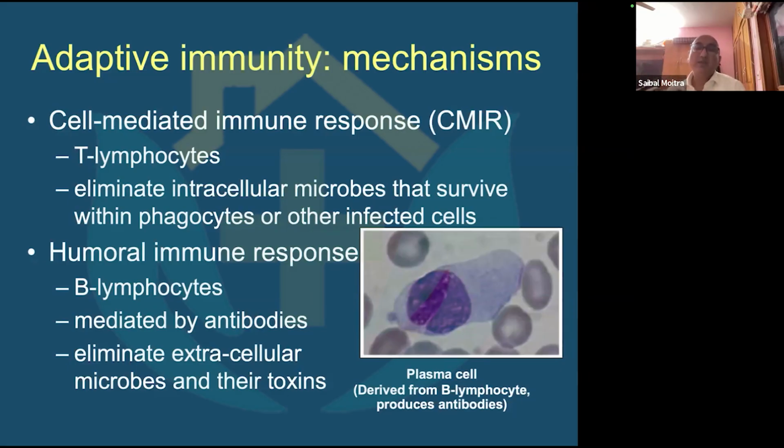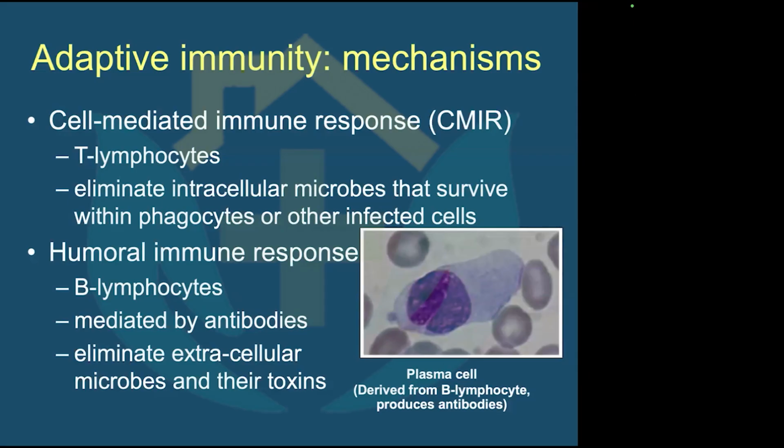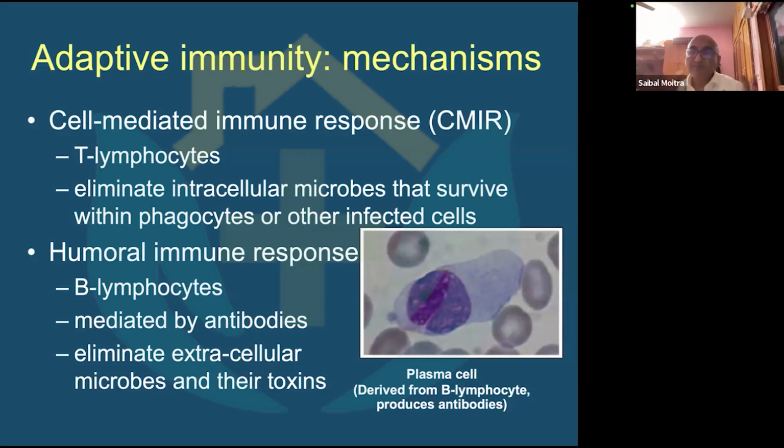And we have also discussed the various other cellular components, that is the natural killer cells, and also all the components which are derived from the myeloid component of the hematopoietic stem cells, namely the neutrophils, the eosinophils, and the basophils, that all form a part of the innate immune cellular components.